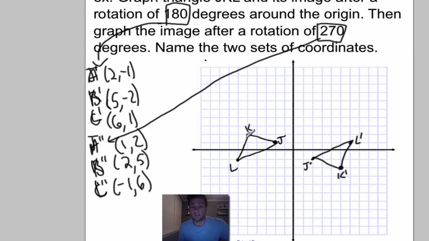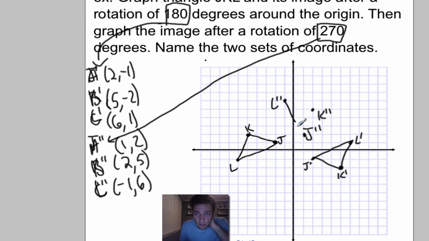Pretty cool. There is your original, and that's where it would be after a 180-degree rotation. And then lastly, let's mark J double prime at 1, 2. K double prime at (1, 2), (1, 2, 3, 4, 5). And L double prime at negative 1, 6.